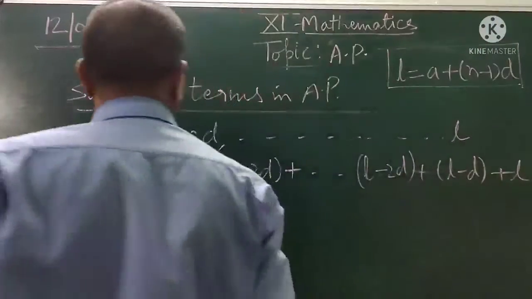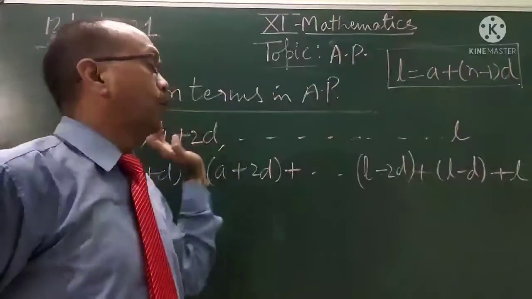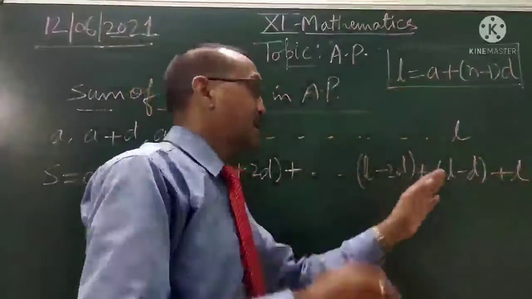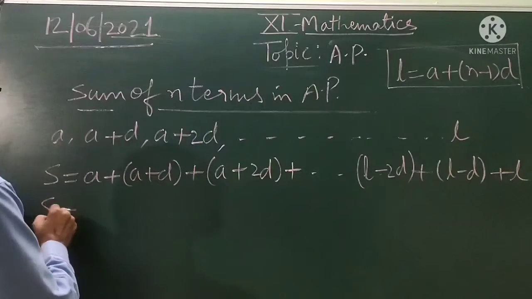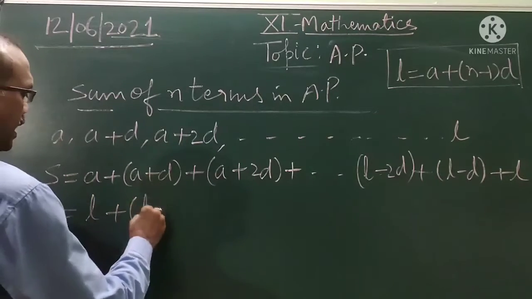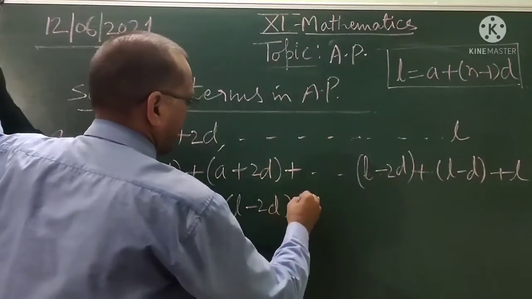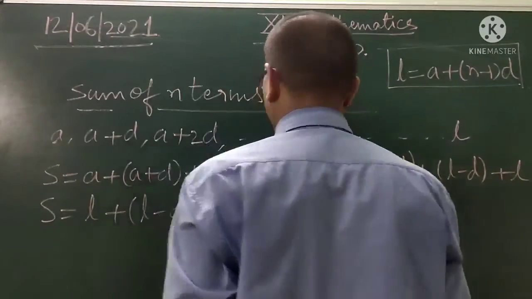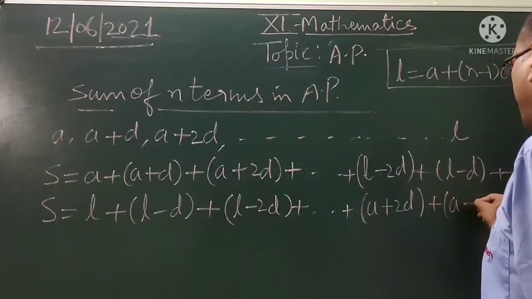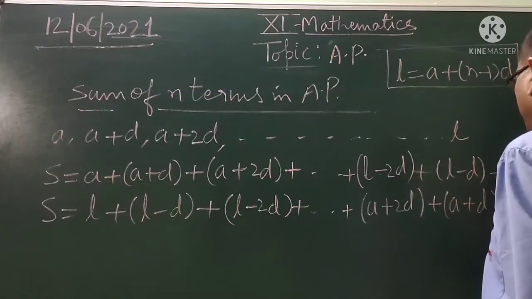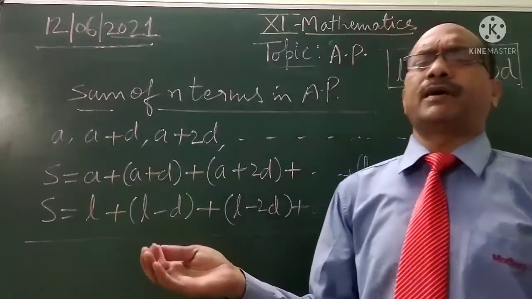Now, student, if we write the terms from end to beginning, if we interchange this order, then the sum will not change. So if we write S equal to L plus (L minus d) plus (L minus 2d) plus and so on, plus (a plus 2d) plus (a plus d) plus a, then this sum is also S. Student, it is very simple, as you know.